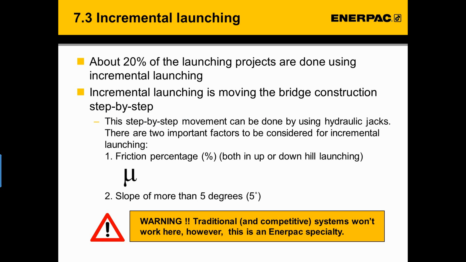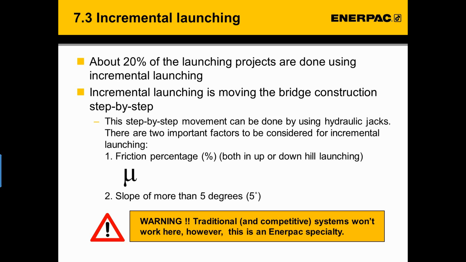In some of the bridge construction projects, incremental launching is used. The bridge construction takes place next to the actual location of the bridge, and the construction is then moved step by step to the desired position. High-pressure hydraulic cylinders can be used to push or pull the construction.